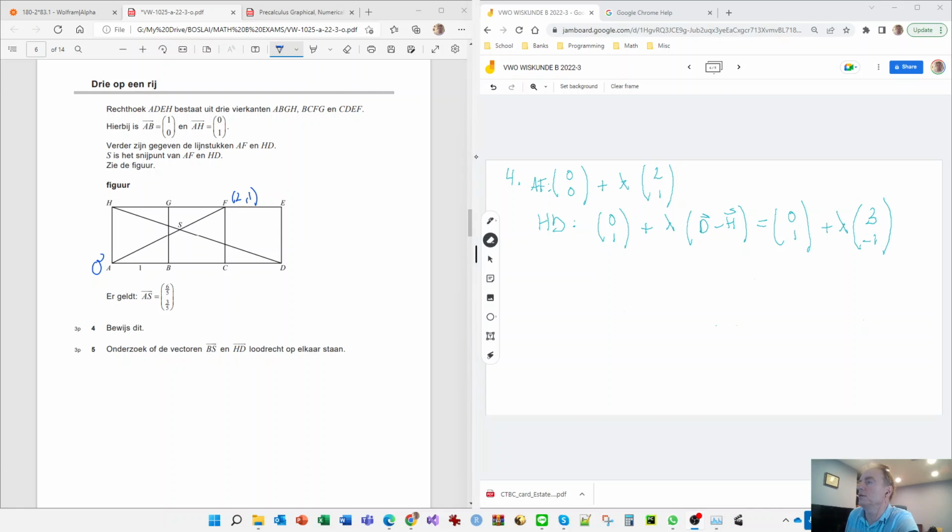So let's actually give this parameter another name, lambda prime.